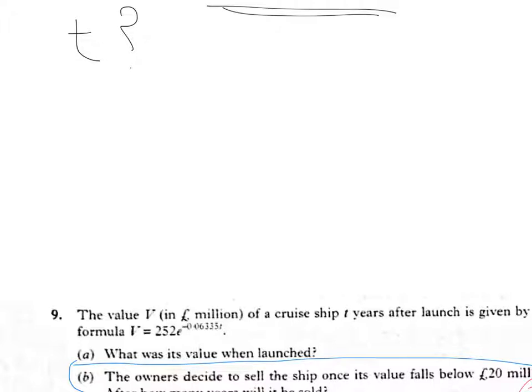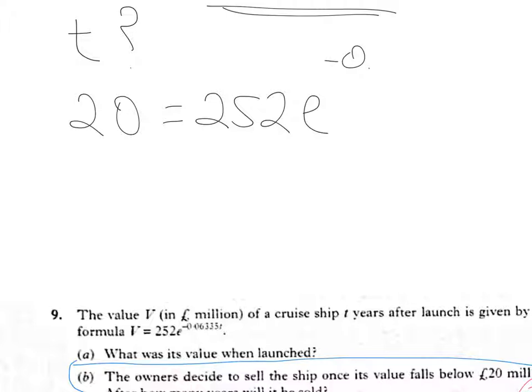So we're now going to take the value to be 20 million. So it's 20 equals 252 e to the minus 0.06335 t.